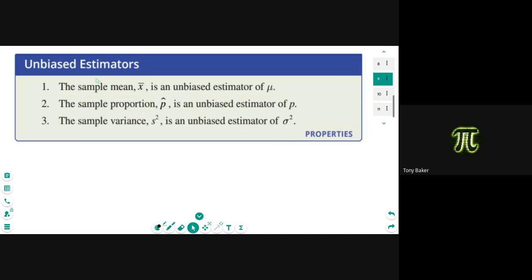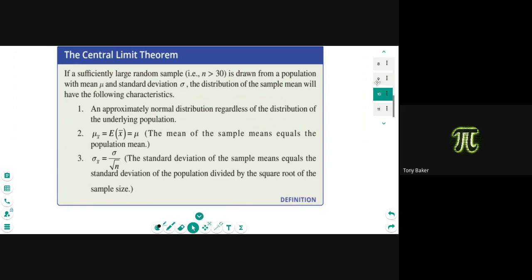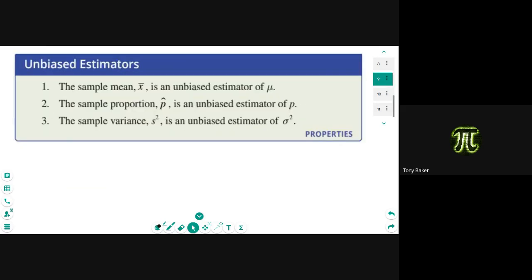So these are unbiased estimators, and those are the ones we're going to look at. Okay, everybody go with that? You don't need to write down all the words on there. Just those are the three things that we can look at to estimate the populations.